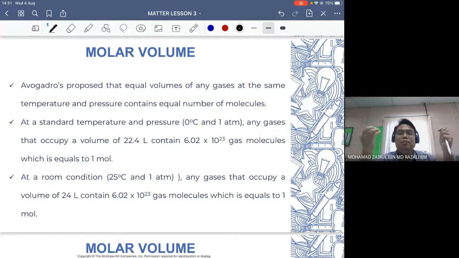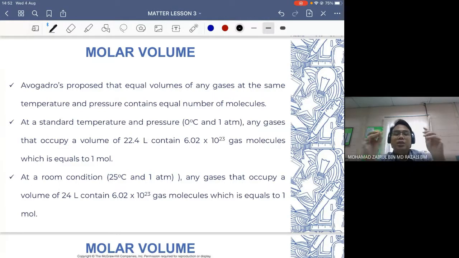In that law it proposed that doesn't matter gas tu jenis apa, as long as the number of mole is 1 mole and we measure at the same condition, dia akan occupy volume yang sama. Tak kisah dia gas apa, as long as dia 1 mole, volume dia mesti sama.